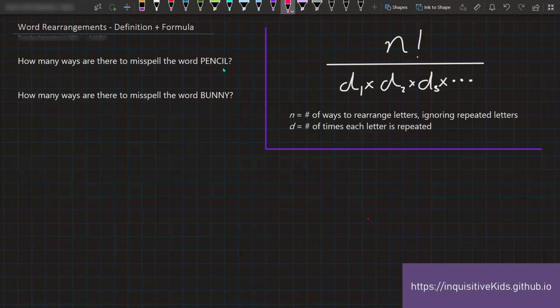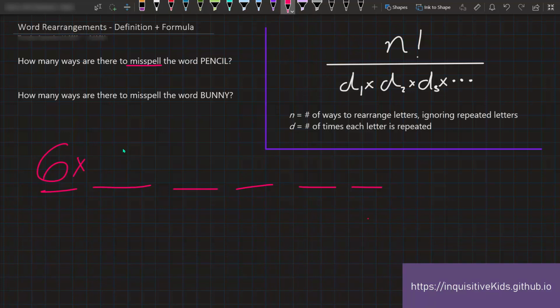Let's first start with this first example. We have a word, pencil. How many ways are there to misspell this word? By misspell, it just means to reorder the letters. We know that there are 6 letters total, so 6 spots for the 6 letters. Let's start with the first one. How many different options are there for the first spot? Well, you have 6 options.